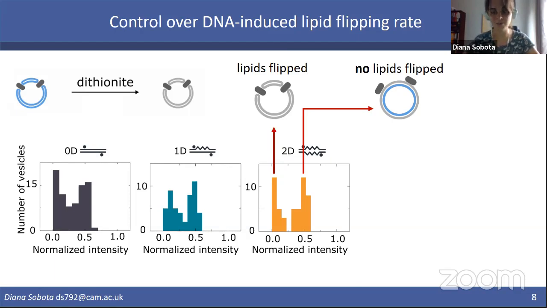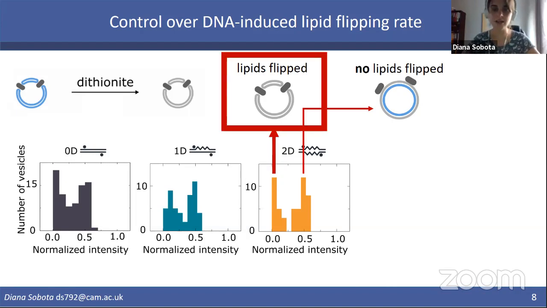I will be very happy to discuss this, especially with people who know probably much more about lipids than me. But I will not focus on this. I have some hypotheses which I can share with you later. Let's now forget about this and only think about the ones that have lipids flipped. So these are the vesicles where we know our DNA was working the way we designed it.